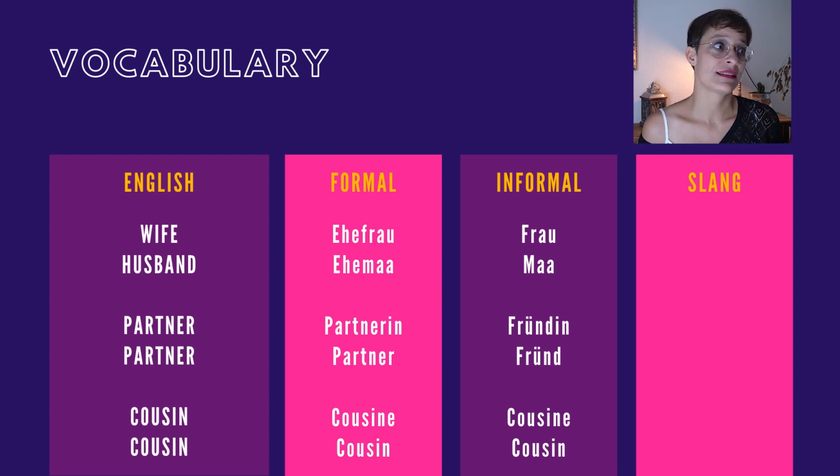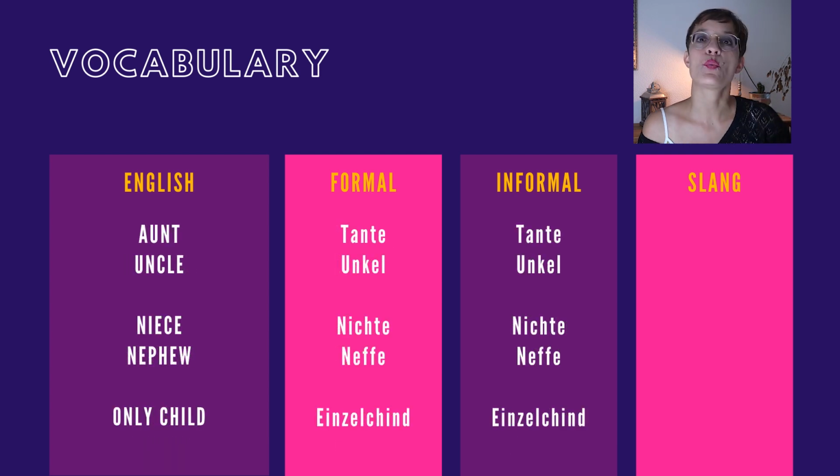Then we have cousins. We write it quite similarly. The male version is exactly the same, but of course we pronounce it the French way. So the female version is Cousine, and the male version is Cousin. Then we have the aunt. I don't know, we just have one version, which is Tante.